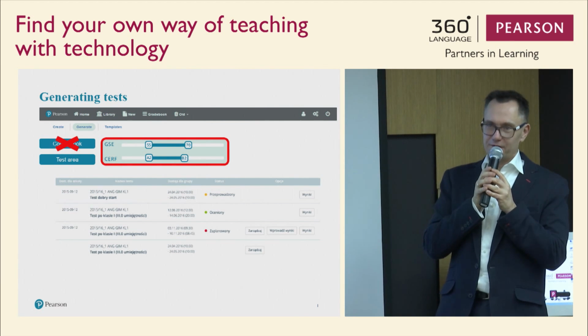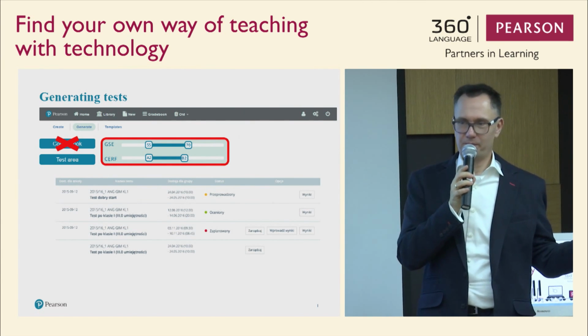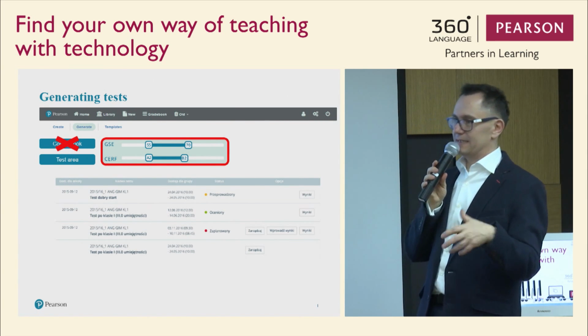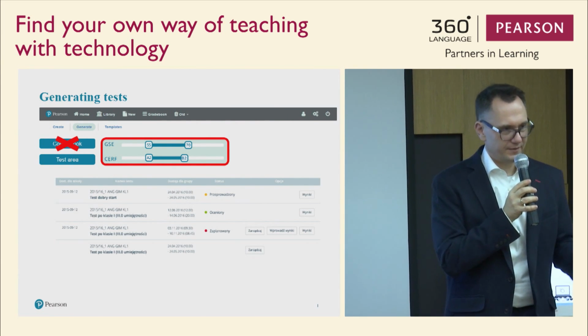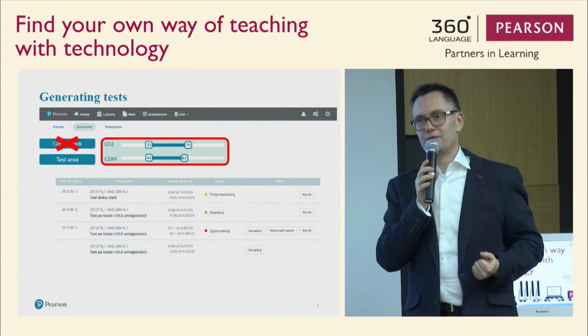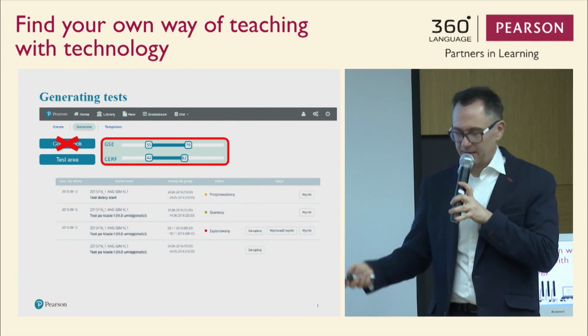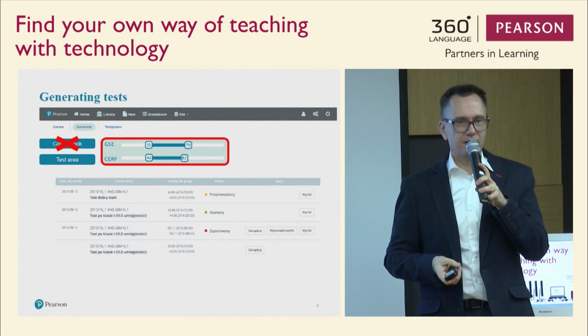Or if you even teach from another course book, or you teach from your own materials, or you teach in a state school where you have the books which are provided by the state. Again, if you want to prepare a test, you can just select the level, for example, using the CEFR, the Common European Framework Scale.